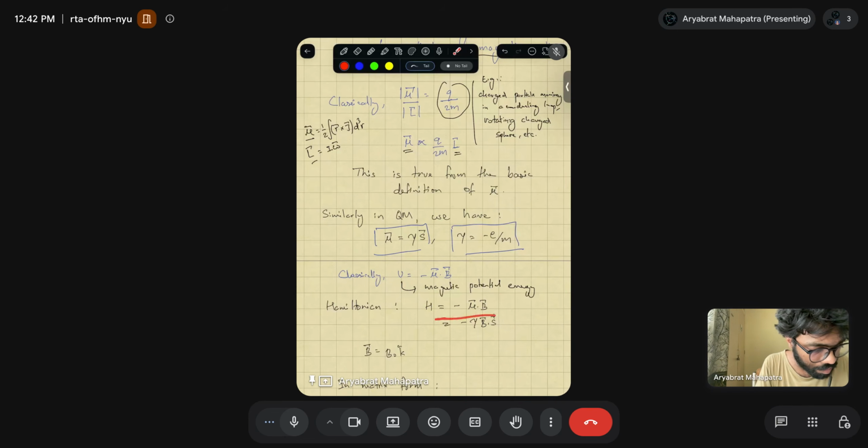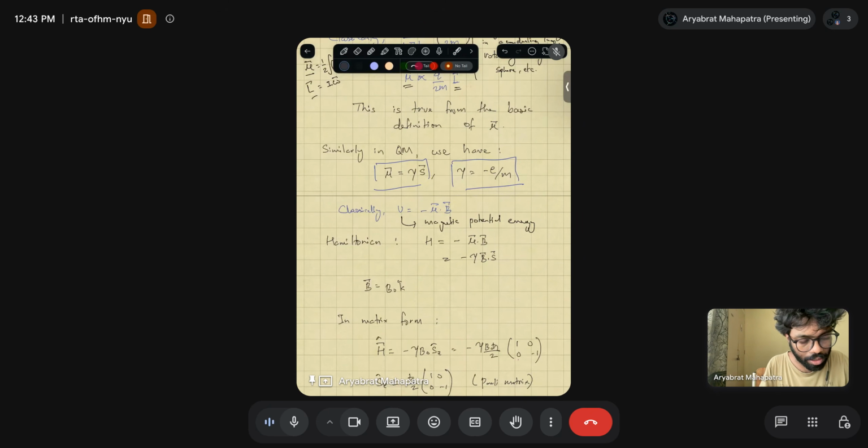This external magnetic field is, let's say, a constant magnetic field we are taking, and it is directed along the z direction. So how can you completely express this Hamiltonian?